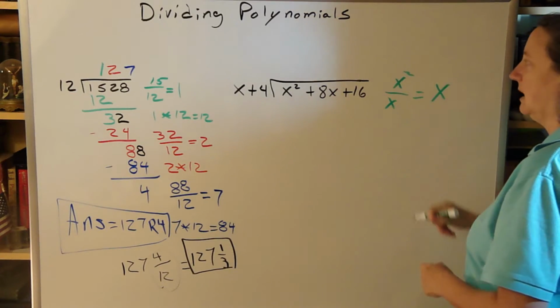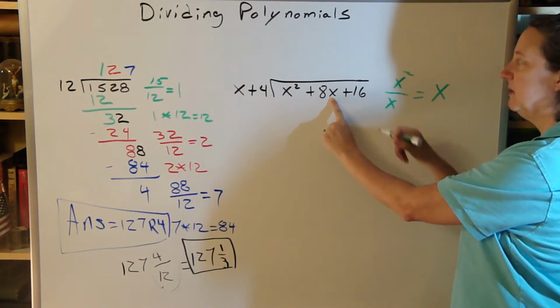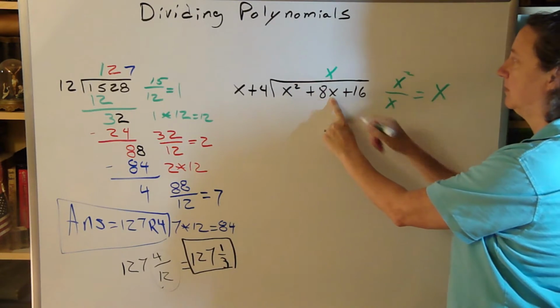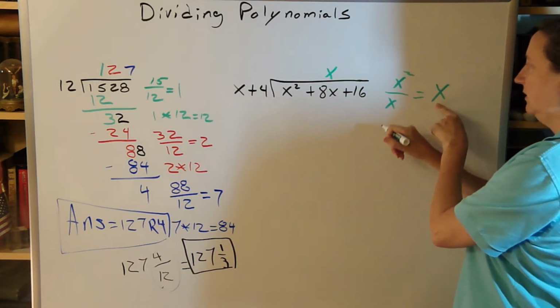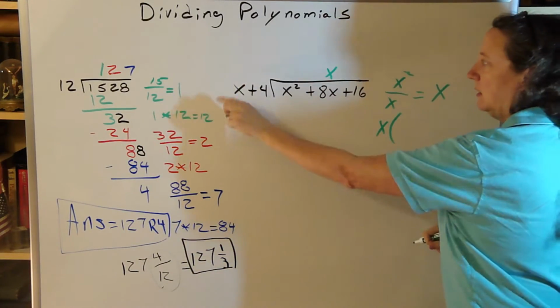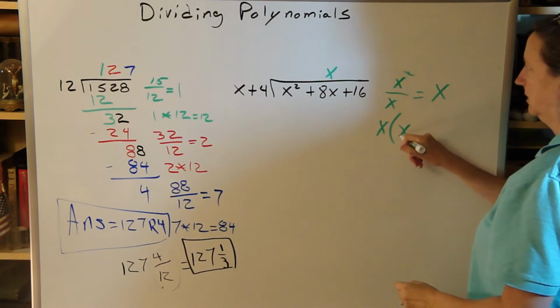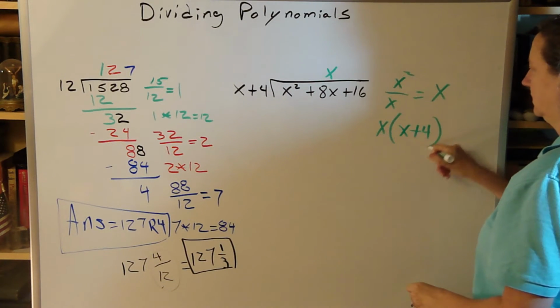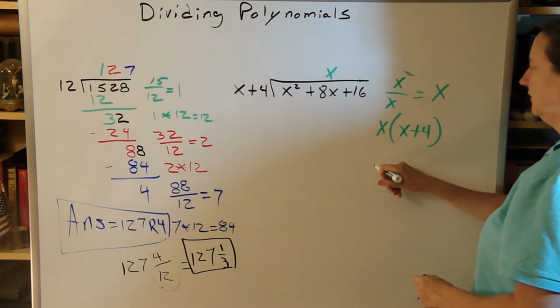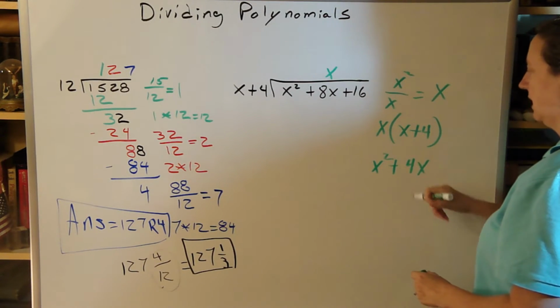And that gives me x. I'm going to write it above the 8x. I'm going to take this x, and I'm going to multiply it by that whole thing that I'm dividing by. That gives me x squared plus 4x.